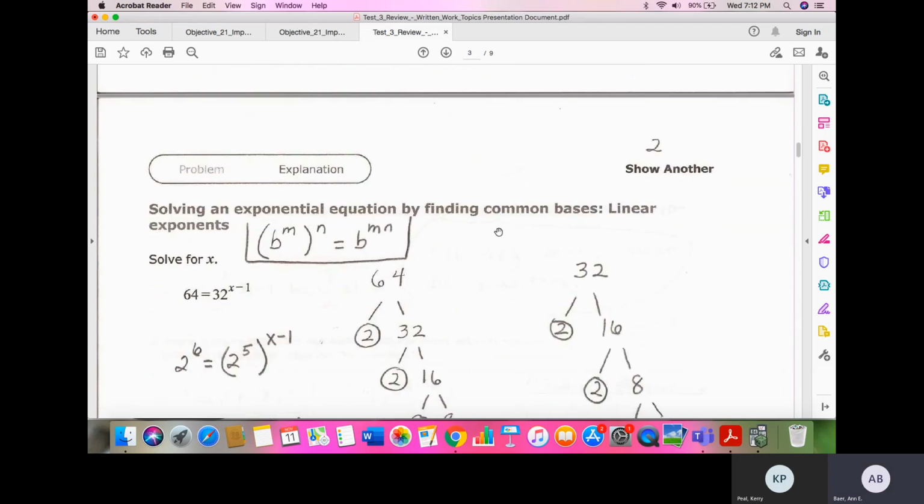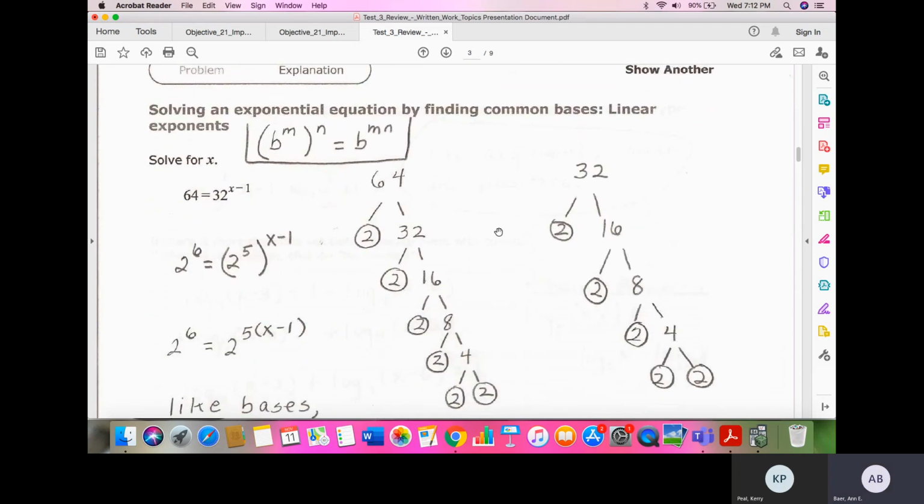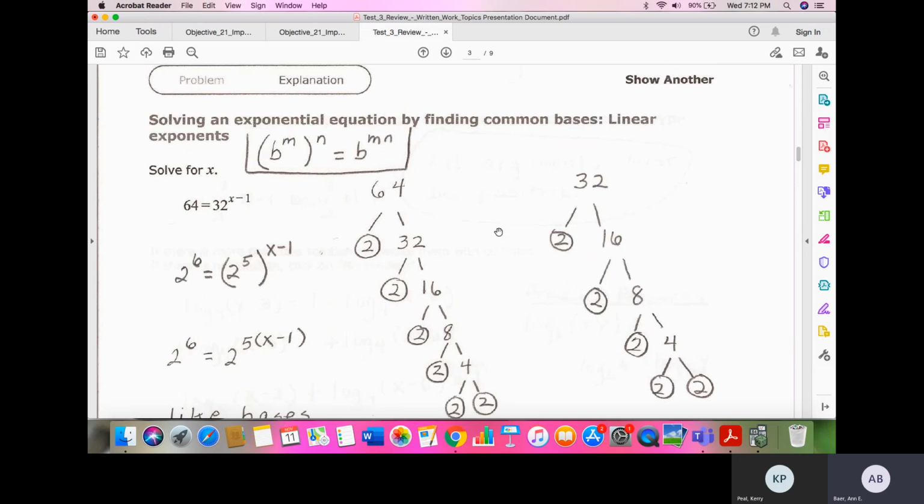Let's look at this topic, solving an exponential equation by finding common bases, linear exponents. So I wrote down a property of exponents here that we are going to use. What happens if you've got a base raised to a power and all of that is raised to another power?